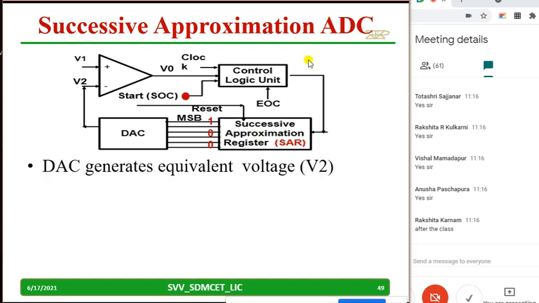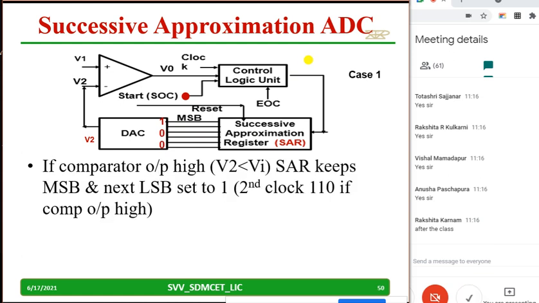Now, the DAC generates the equivalent voltage, whatever the SAR is giving. We'll get a V2, and this V2 is given to the op-amp inverting terminal. Now if this V2 is less, the comparator output becomes high.